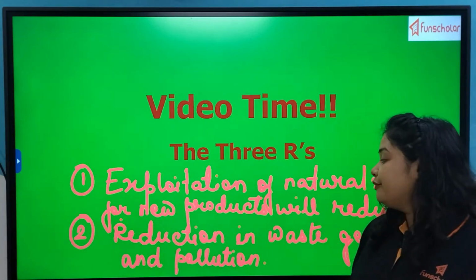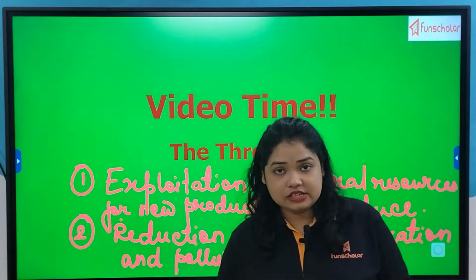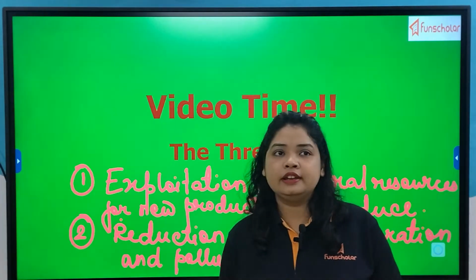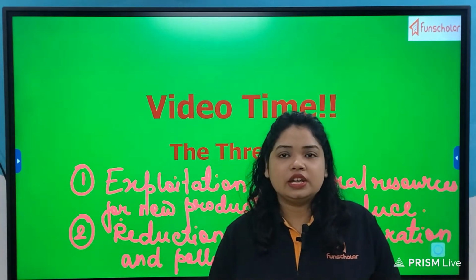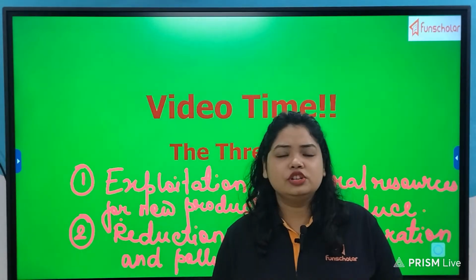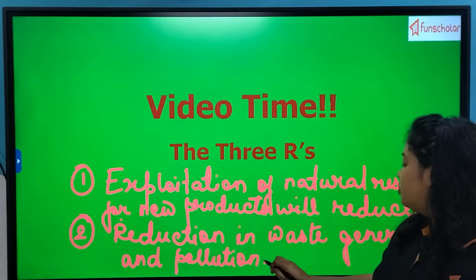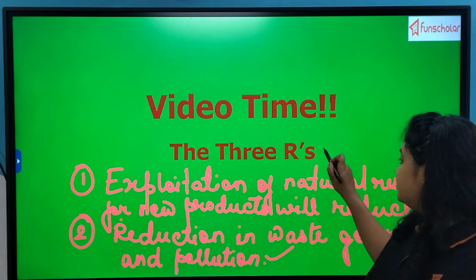Also, if it were deposited in the land or in water, or maybe burnt, it would be mixing with the air particles. So whichever method we would follow to dispose of that plastic bag would have led to pollution. That will also not happen if we follow these 3 R's.